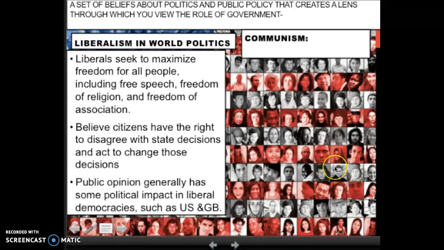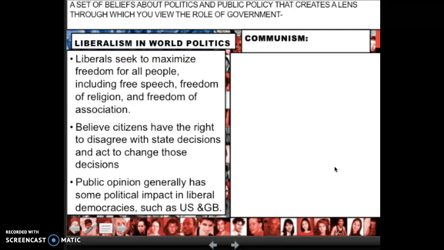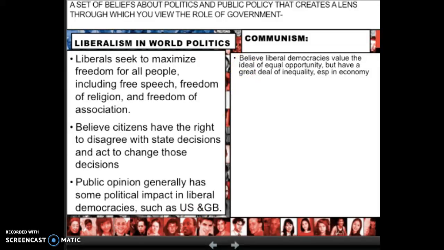Okay. The next ideology is communism. Now, they believe that liberal democracies put a lot of value on the ideal of equal opportunity, but in actuality, they don't have equality of opportunity, and there is a great deal of inequality within the economy.